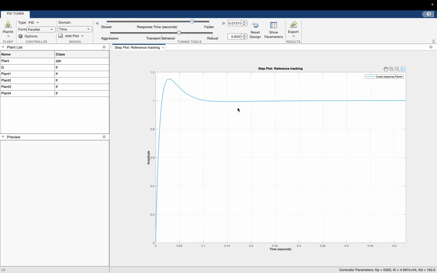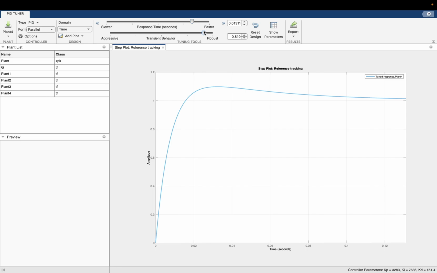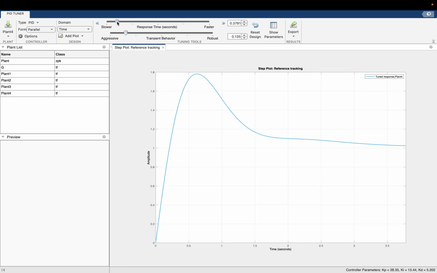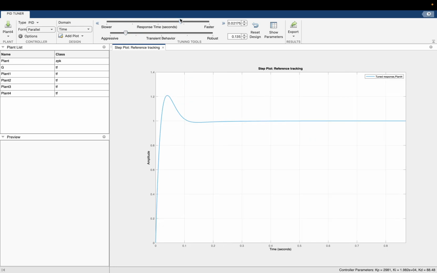It made the response faster, but my transient behavior is super, it's overshoot. So I'll reduce this to make it slower. If I increase, it will increase again. See, so if I want to make it slower, you can slide it down, and see here there is no steady state error.